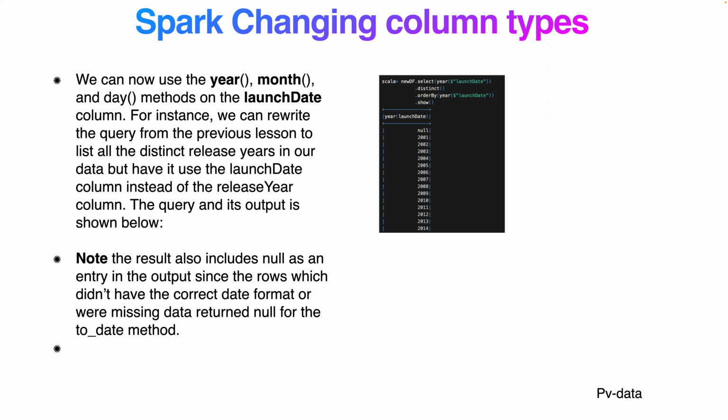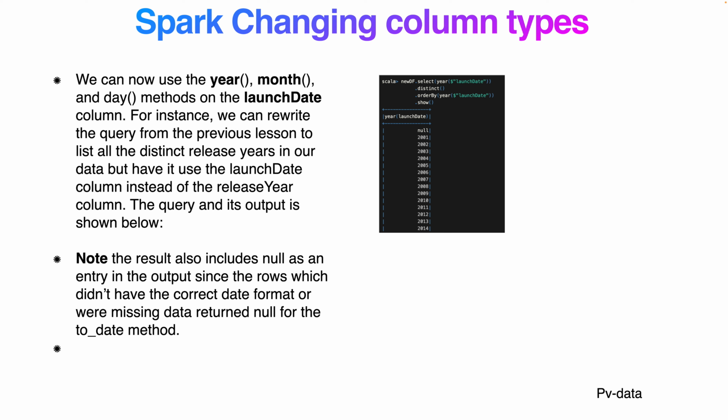Similarly, if you have a date column, we can apply the year, month, and day methods to the launch date column. For instance, we can write a query that selects year from the column, with distinct, which removes duplicates, and then orders by year based on the launch dates.